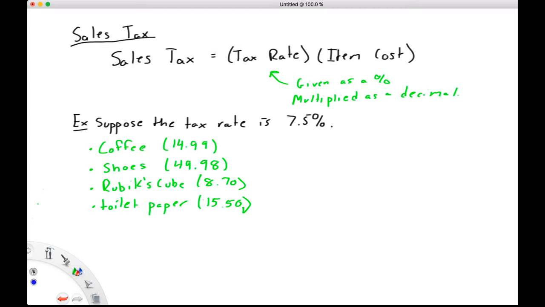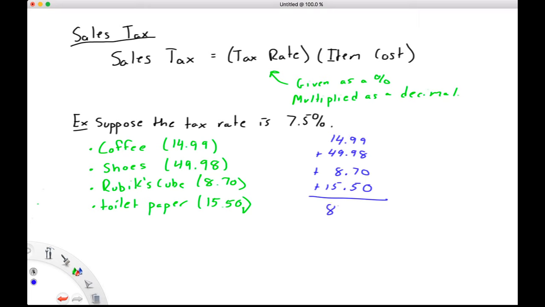But we've got $14.99 plus $49.98 plus $8.70 plus $15.50, which should be $89.17.